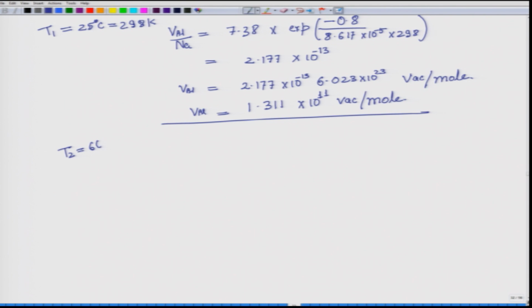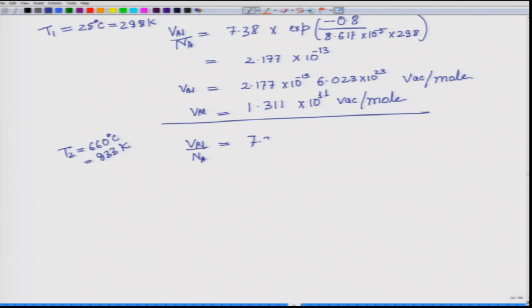660 degree Celsius, which is equal to 933 Kelvin. So, Nv by Na, actually I should have denoted Na by uppercase A. So, let me write it like this.